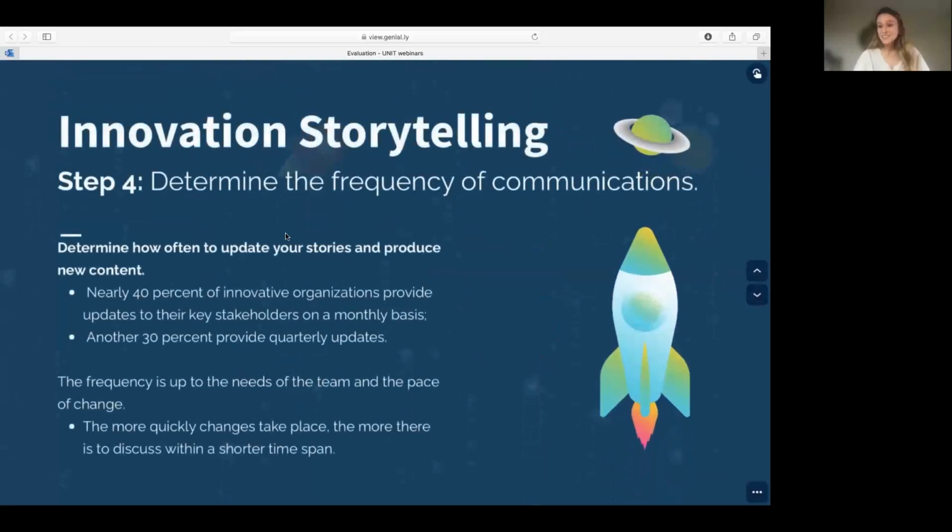And the last step before you actually launch this innovation storytelling is to determine the frequency of communication. Basically, you need to decide how often to update your stories and produce new content. And here we want to share some data with you from UN innovative organizations. We are going to show the two biggest percentages in the frequency of communications with their stakeholders.